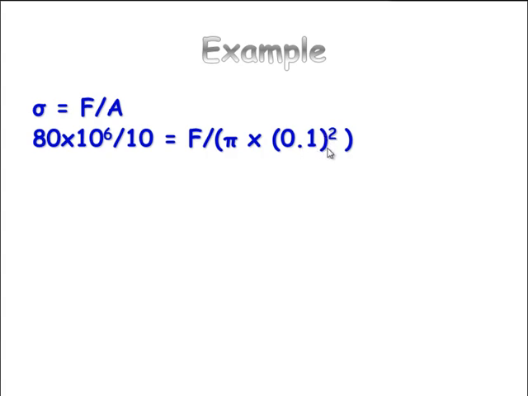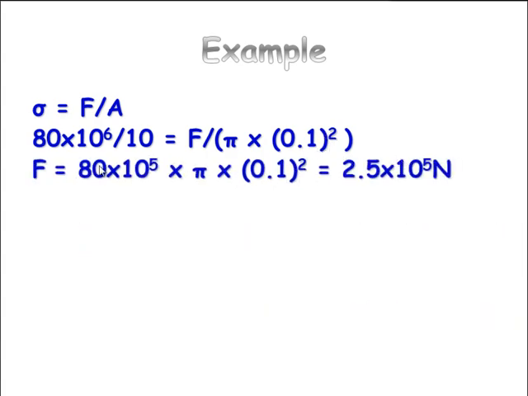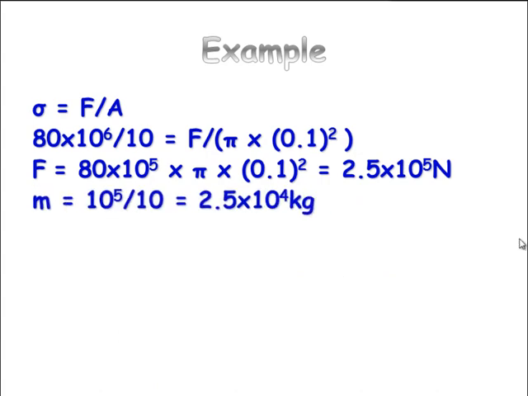We want 10 centimeters, and then putting that into meters. That gives us a force, when we rearrange, equal to 80 times 10 to the 5 multiplied by the cross-sectional area. Maximum force it can have is 2.5 times 10 to the 5 newtons. Divide by 10 to answer the question. It asks for maximum mass, 2.5 times 10 to the 4 kilograms.